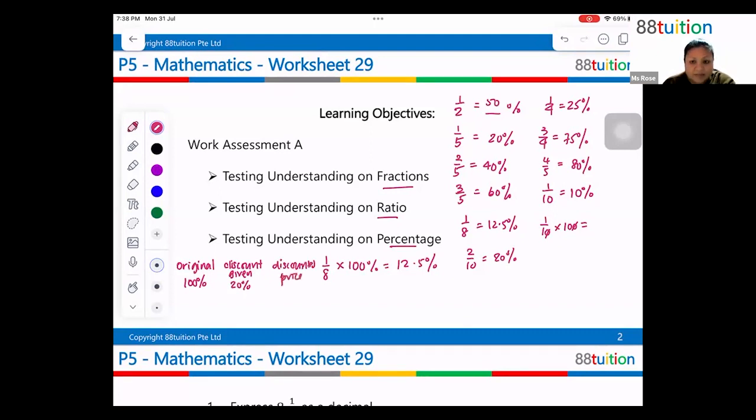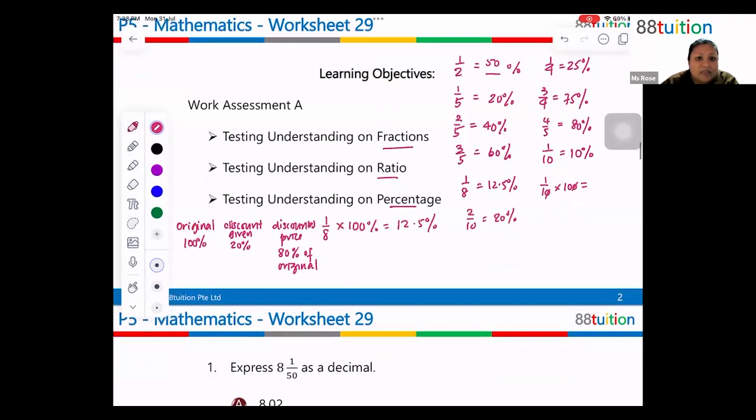How many percent? Thank you, Bella. So it is based on 80% of original, okay? So the discount given plus the discounted amount will give you a total of 100%. Now, again, please be familiar with the terms that they use, okay?